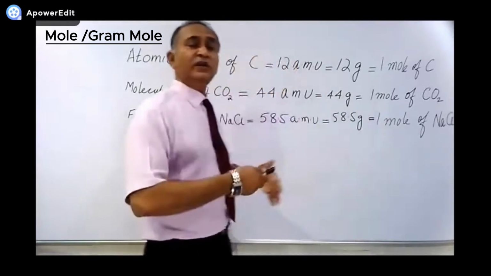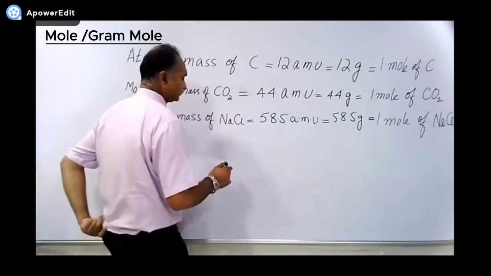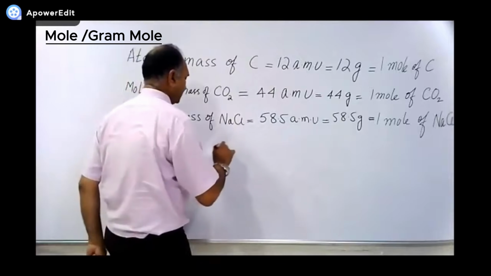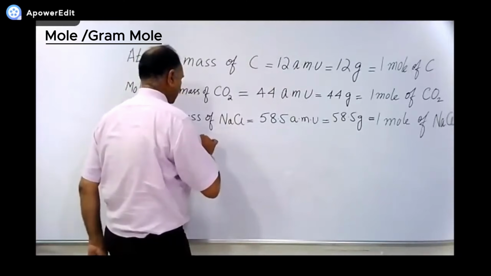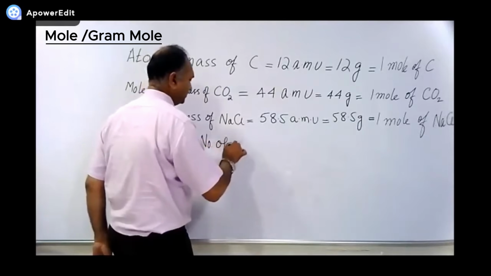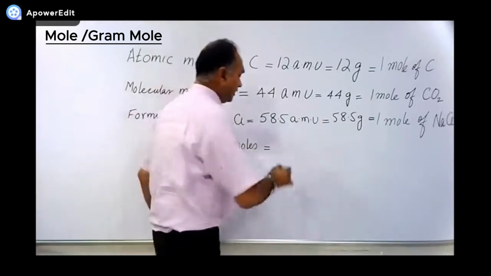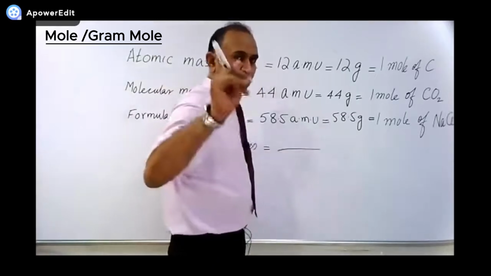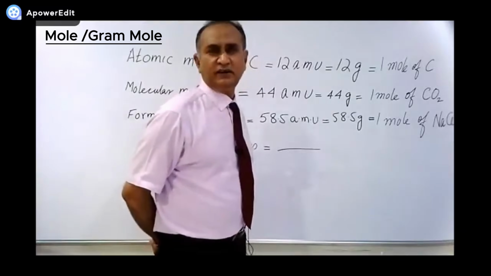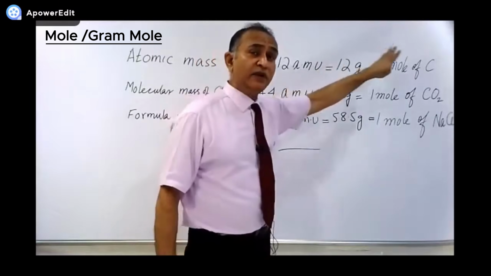Right? So here comes a formula. And what is that formula? That number of moles is equal to, but one thing, why do we need this formula? What is the reason? I asked 12 gram makes how many moles?